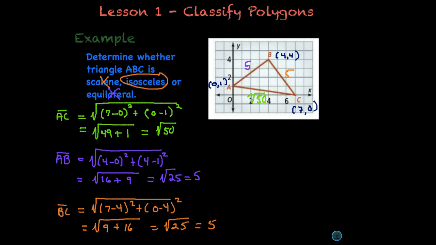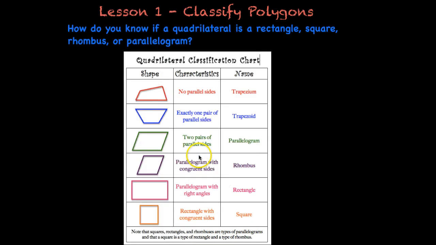Let's look at some quadrilaterals. In order for you to be able to classify quadrilaterals as a rectangle, square, rhombus, or parallelogram, you need to know some of the important characteristics. Well, let's go ahead and skip trapezoids because we're not looking at those today, but let's look at a parallelogram. All of these shapes fall under the umbrella of a parallelogram.